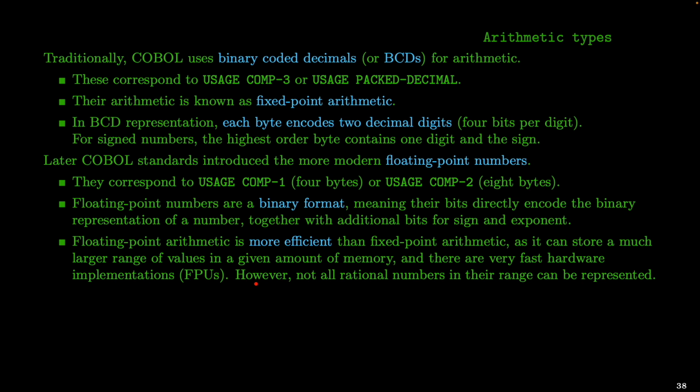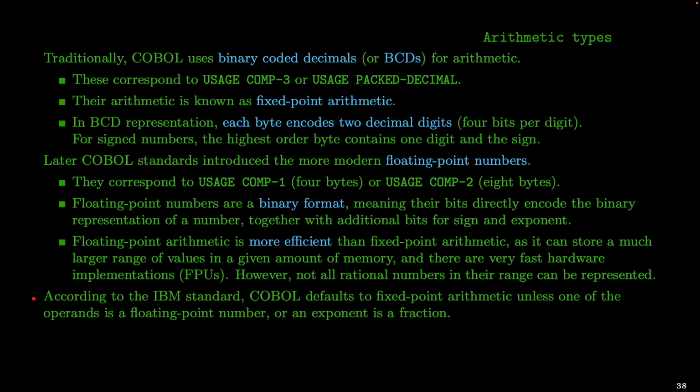A downside is that we cannot represent every rational number within the range of a given floating point representation. Now, the IBM standard specifies that COBOL defaults to fixed point arithmetic unless one of the operands is a floating point number or an exponent in the computation is a fraction. In that case, it will switch to floating point numbers.